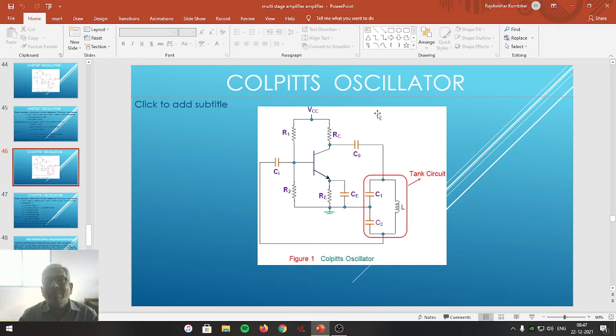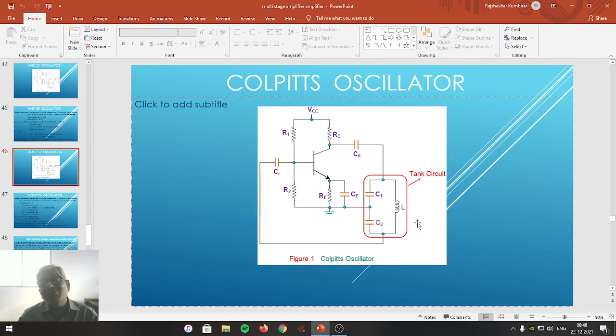Friends, when the impedance of this tank circuit becomes equal to 0, the impedance is nothing but the sum of the reactance of the inductance and the reactance of the capacitors. That is called the impedance of this particular LC tank circuit.